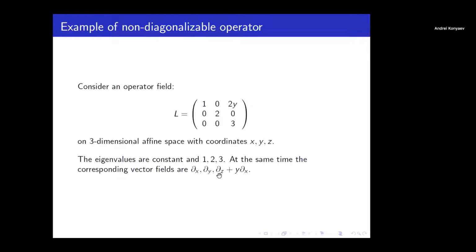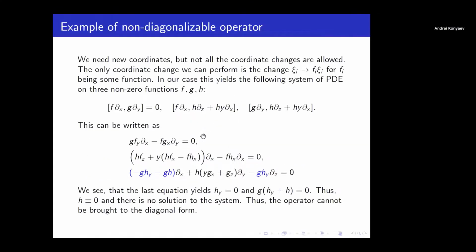It is easy to see that the second and the third do not commute, so we didn't find the coordinate system, obviously, because you have a non-diagonal operator. So we need to ask ourselves what kind of coordinate changes we allow. As I said, you have one-dimensional distributions, so you cannot change all the coordinates. You cannot mix them up.